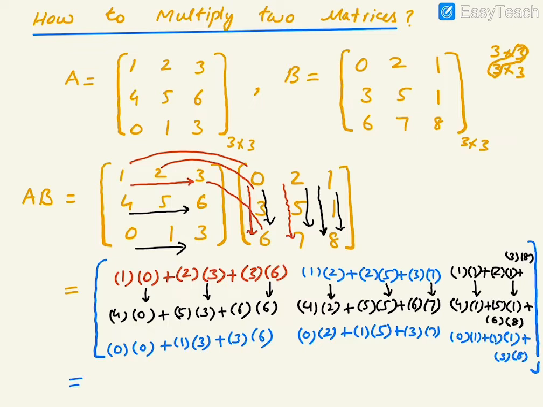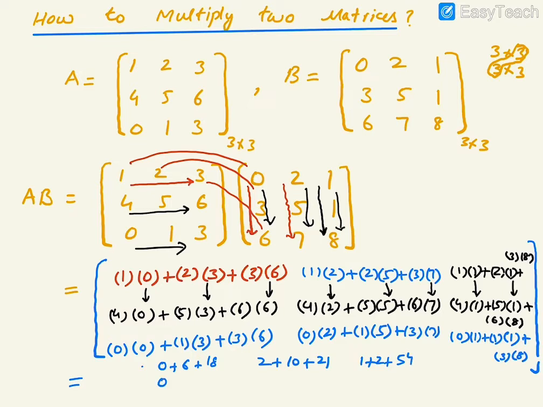Equals 1 times 0 is 0, 2 times 3 is 6. So we can write 0 plus 6 plus 6 times 3 is 18. 2 plus 10 plus 21. 1 plus 2 plus 2 times 3 is 54.